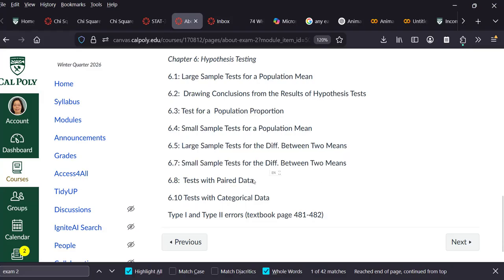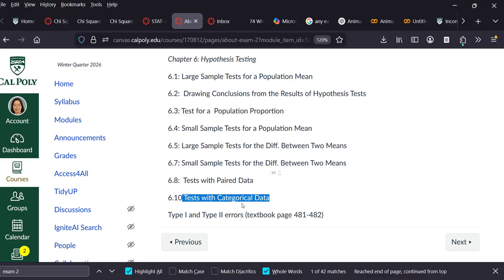Another 2-sample case, the paired data. For the paired data, you can just calculate the difference, and then it becomes just a 1 sample t-test.